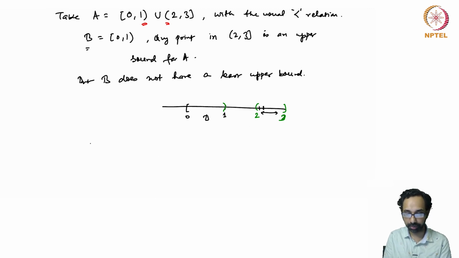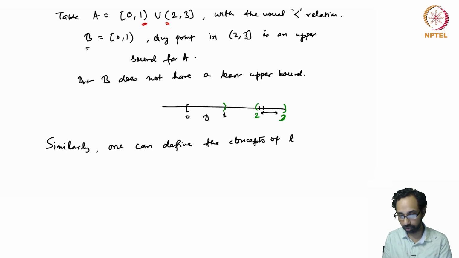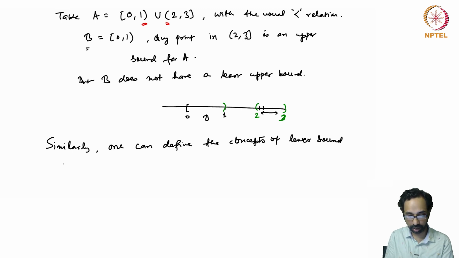So this means that B does not have a least upper bound. Similarly one can define the concepts of lower bound and infimum. So infimum is the greatest lower bound if it exists.